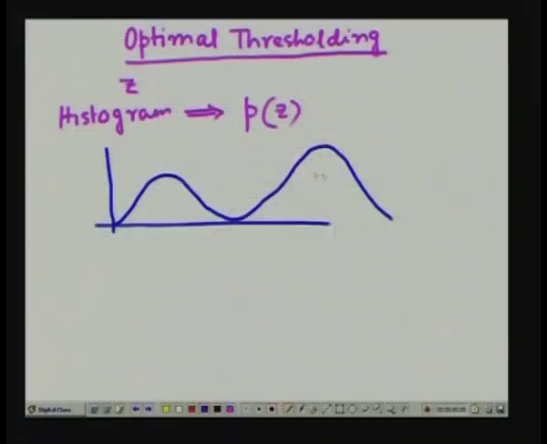So, this bimodal histogram can be considered as a combination of two probability density functions, or two PDFs. One of them is say P1(z), the other one is say P2(z).